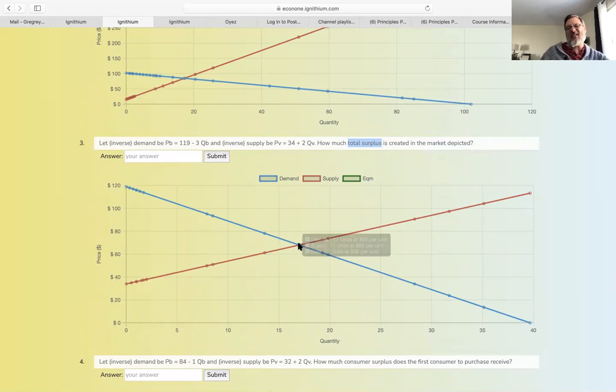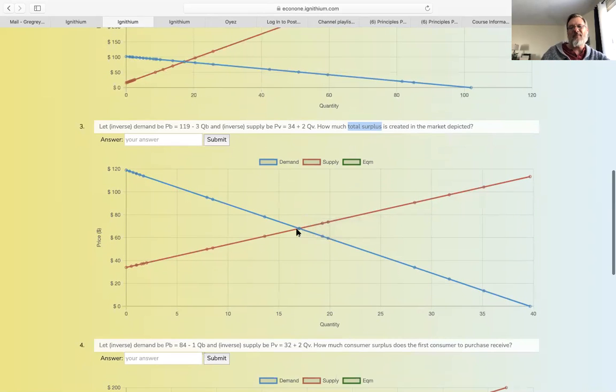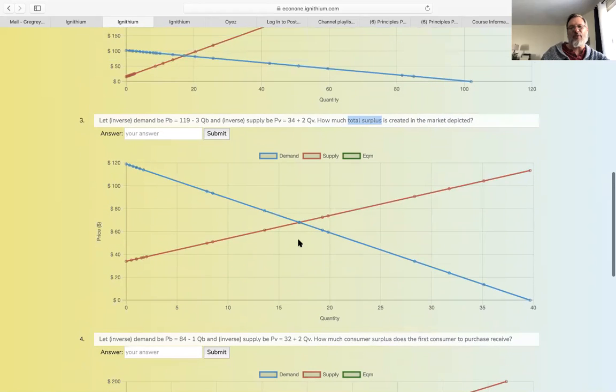But I am a little bit hesitant because I'm not sure how Ignithium is calculating this, if it's breaking it into the two triangles and then adding them back, or if it's just taking the whole triangle. If it was done properly, they should be exactly the same. But as soon as you start to work with real numbers, there could be tiny differences, and because the precision here on Ignithium is set so tight, I don't know.